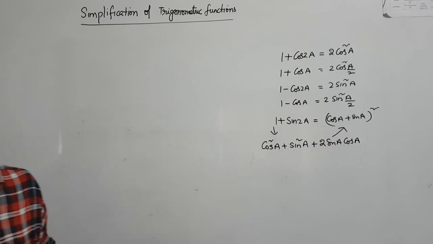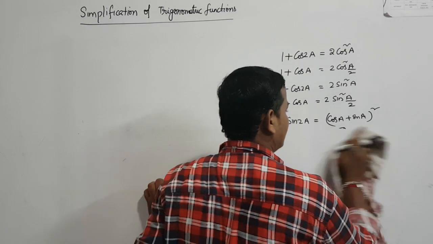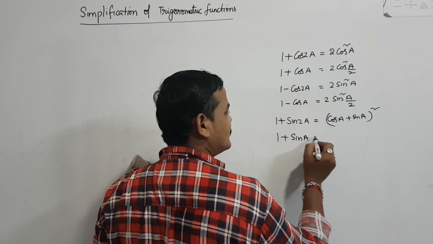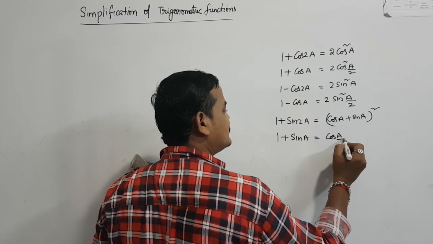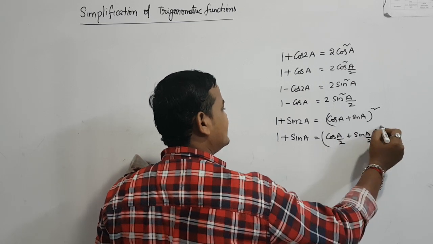Next, similarly, 1 plus sin A is equal to cos A by 2 plus sin A by 2, half angle formula, whole square.